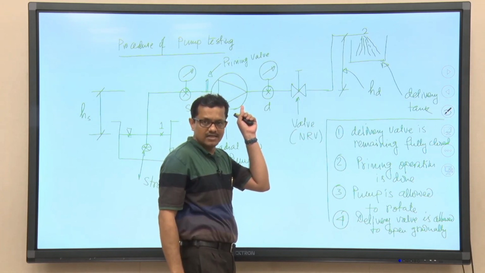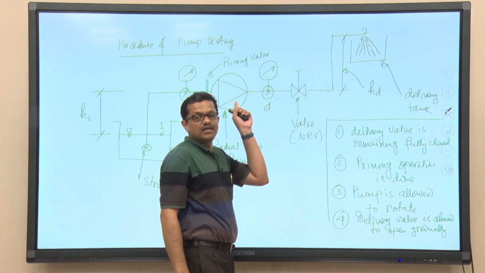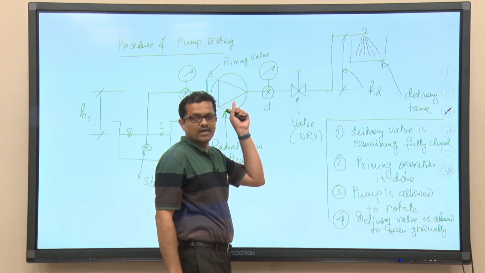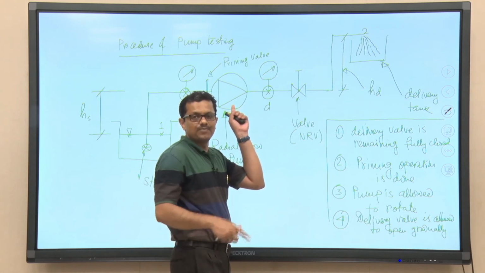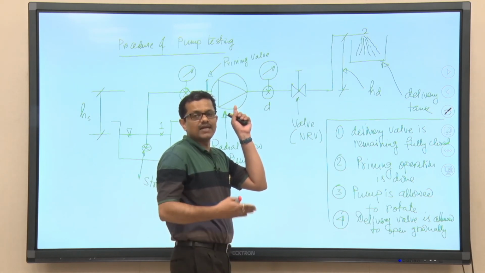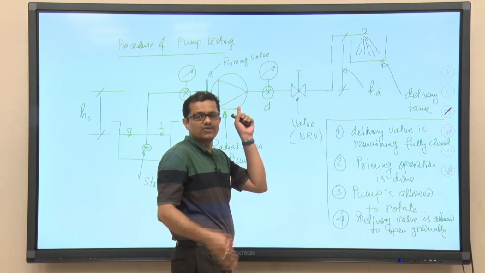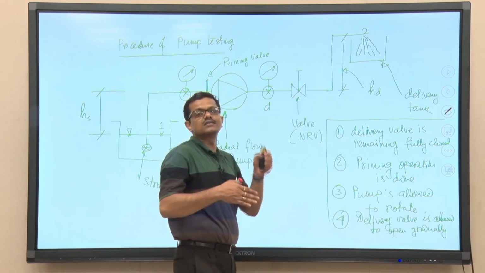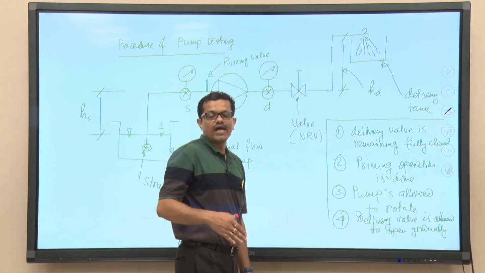Basically, as I said, if it is driven by an electric motor, that electrical energy will be converted to mechanical energy as the shaft of the electrical motor will be connected to the shaft of the pump. So, the impeller will be rotating, and that mechanical energy will eventually be converted to increase the stored energy of the fluid, that is it will increase the head, right, and velocity.